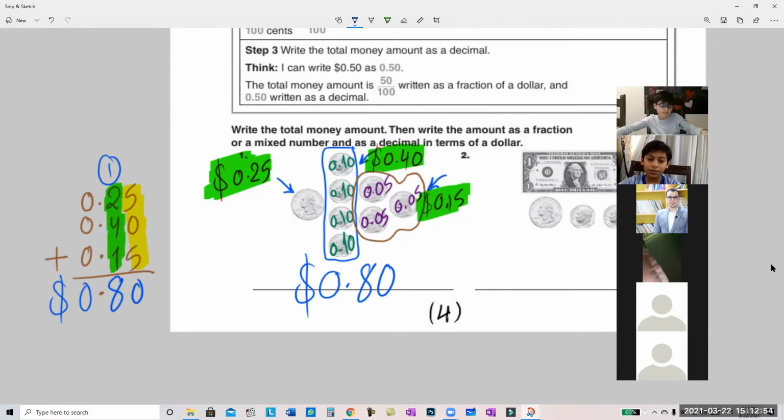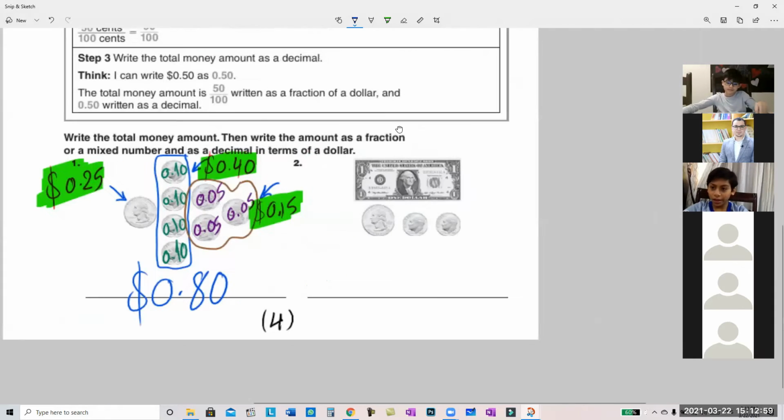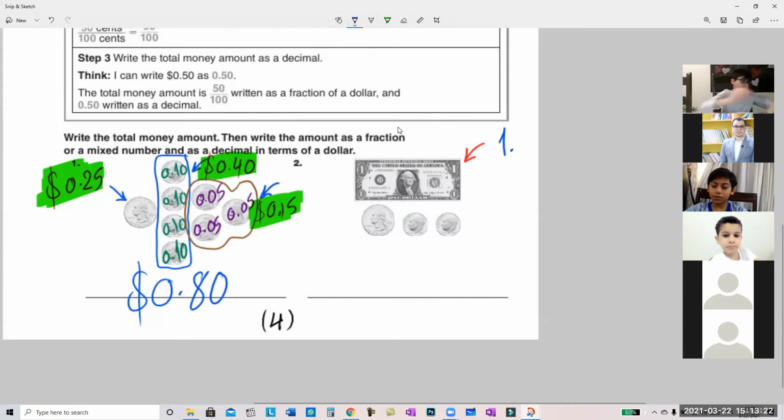Yes. Okay, Mahdi, the next one. Can you help? Yes. Okay. So we have here $1, right? Yes. So how can we write it as a decimal? 1.0 of a dollar, okay?